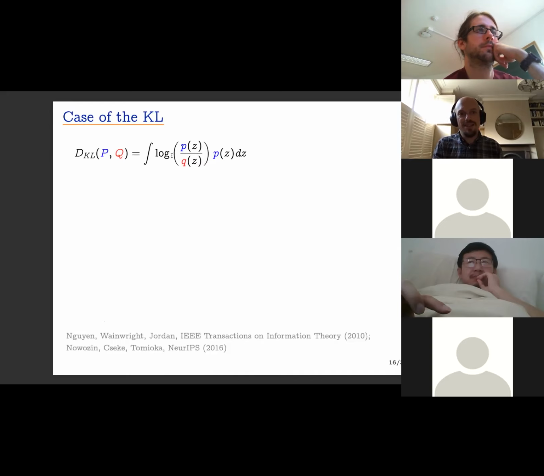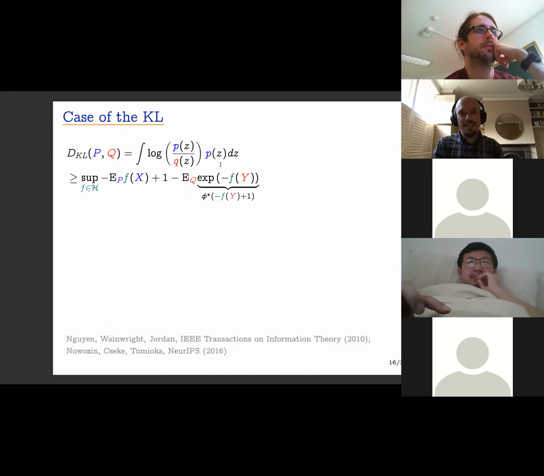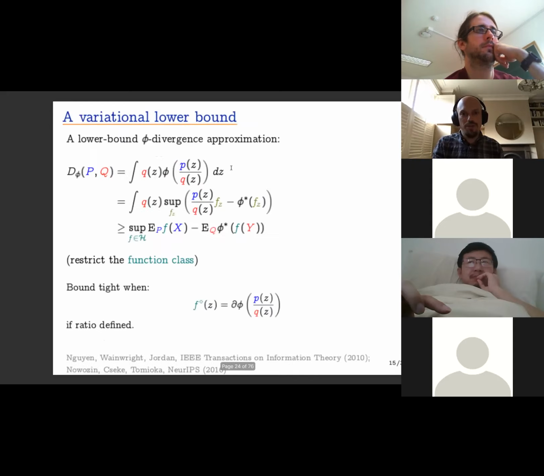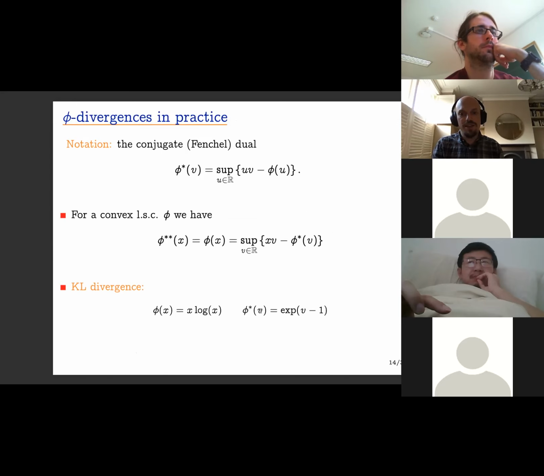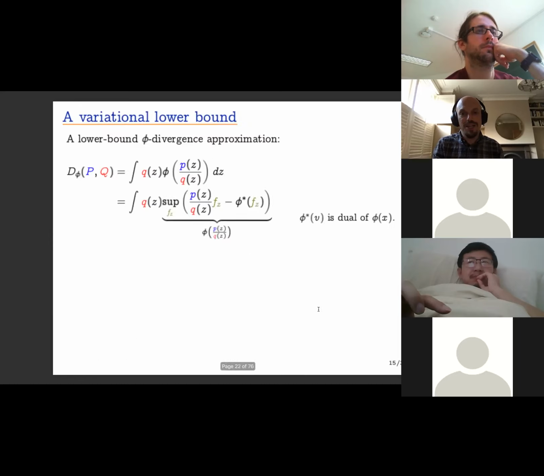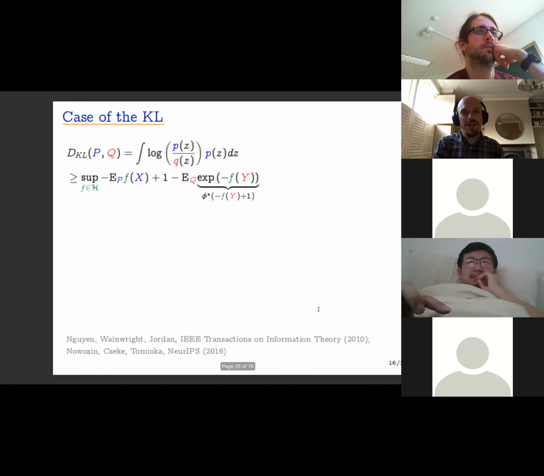Here's the KL, log of p on q, integral of p dz. I replace my phi function with this optimization problem, recalling this dual form here, phi star of v is e to the v minus 1. So this is where this e to the minus f comes from.